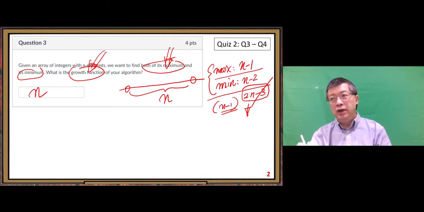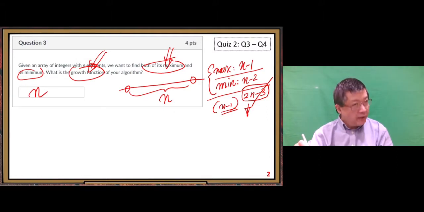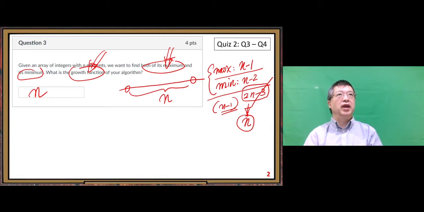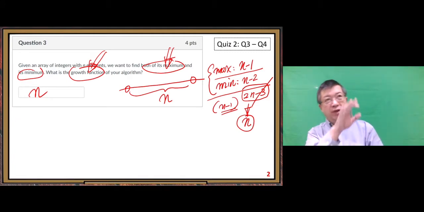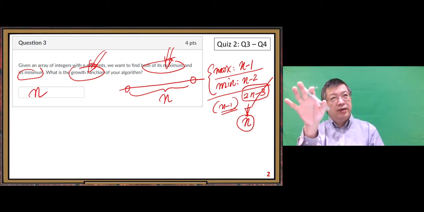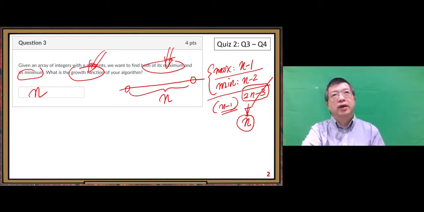Growth function, we never include the constant coefficient. So that is n. So that's the answer. If you put 2n, not correct. 2n minus 1, 2, 3, whatever, not correct.